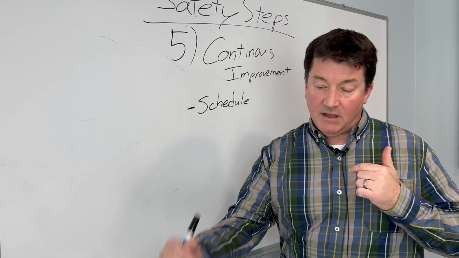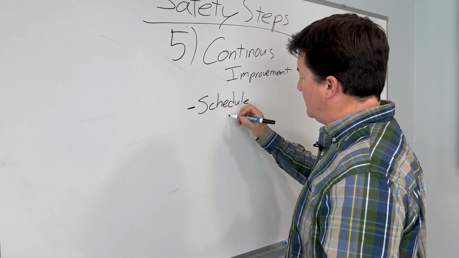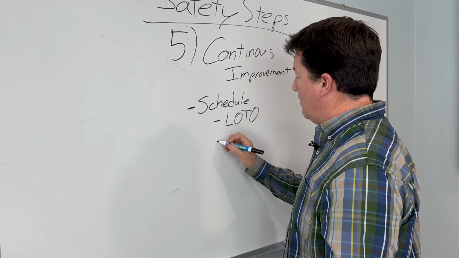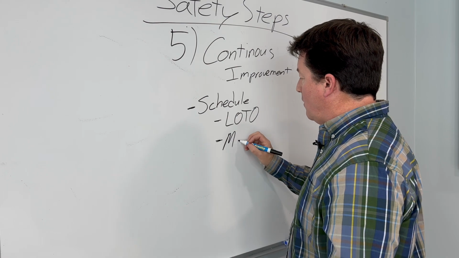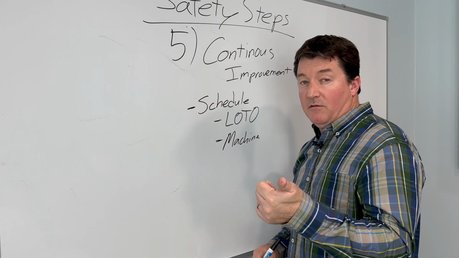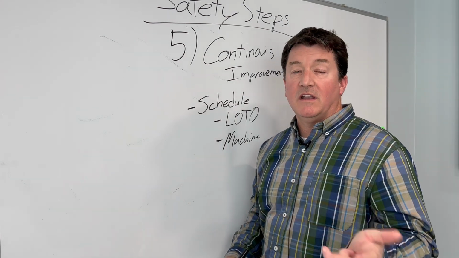So there should be a normal motion where we are going back and we're checking and say, hey, we started with lockout tagout. We're going to go review lockout tagout. We had machine guarding. We're going to review machine guarding. We're going to check on the training records. We're going to check on the inspection frequency. We're going to check on where we can improve.